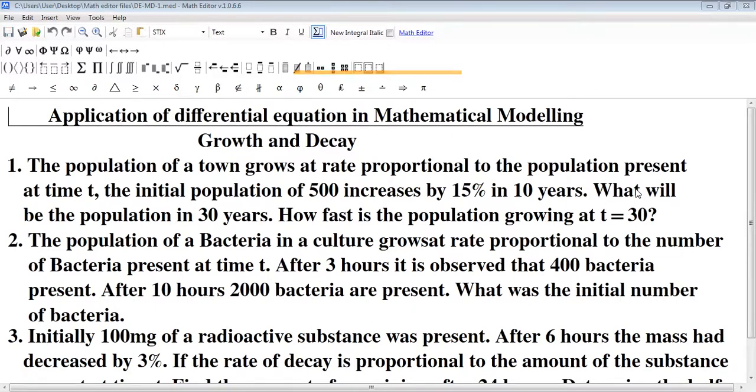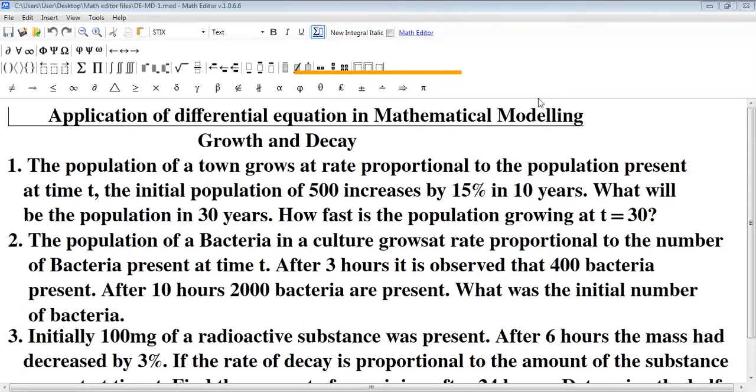So what will be the population in 30 years? How fast is the population growing at t equals 30, that means 30 years? Time t is the independent variable here. So using this concept, we can solve the problem.